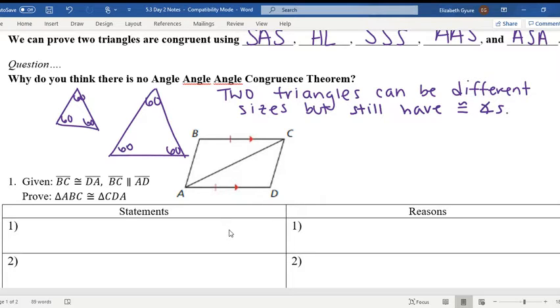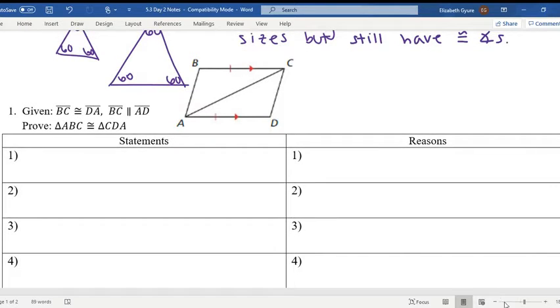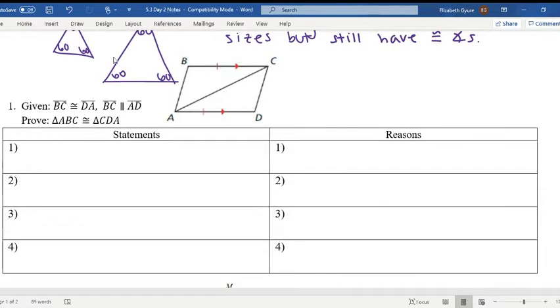All right, so onward then. In this situation, we are given that segment BC is congruent to segment DA, and that segment BC is parallel to segment AD. We are going to prove that triangle ABC is congruent to triangle CDA.